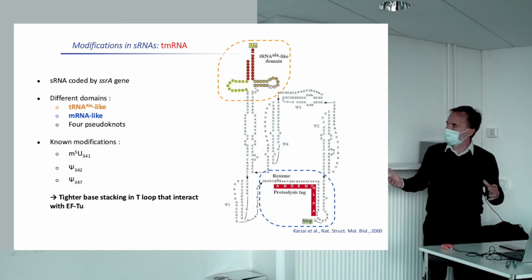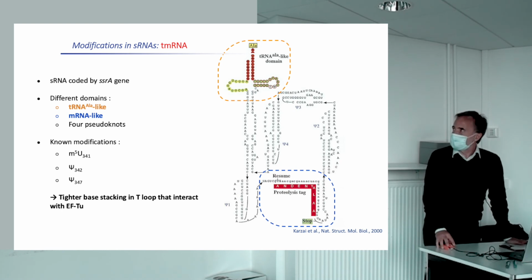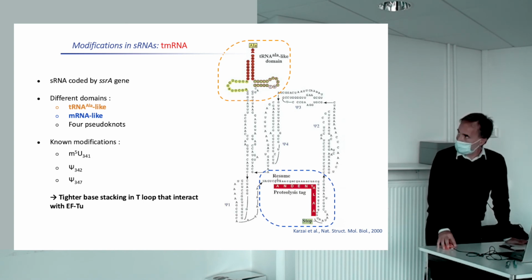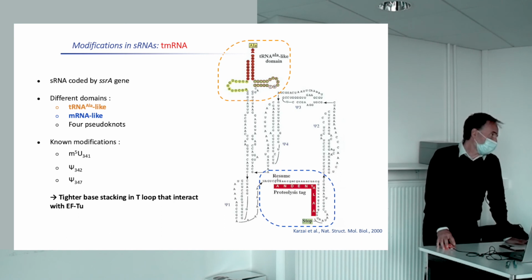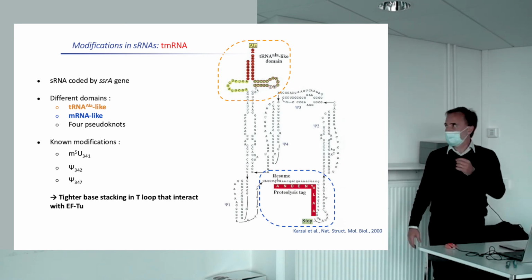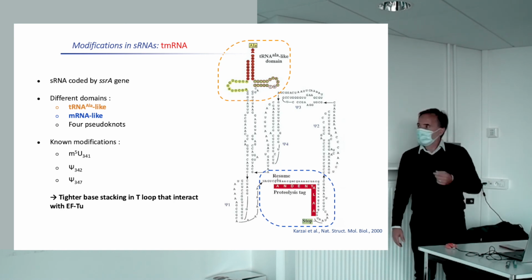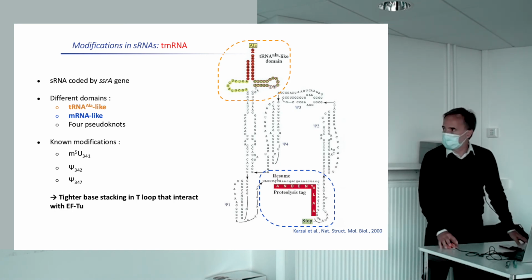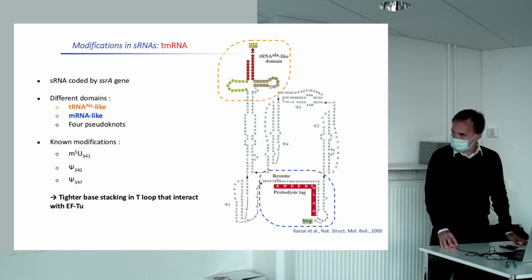You may know it already. What is interesting is that the tRNA-like part is modified. It is modified in this region that is really similar to a T-loop of a tRNA. In fact, we have the same kind of modification of a tRNA in the T-loop, with the methylation and pseudouridine.